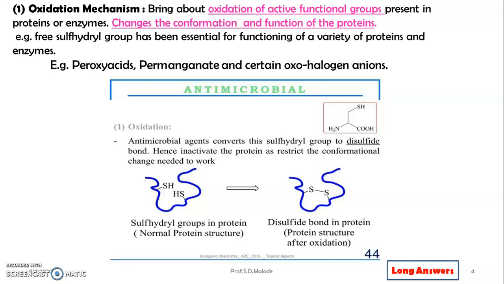So these antimicrobial agents convert the sulfhydryl groups from the free form to the disulfide bond after oxidation, and hence inactivate the proteins as they restrict the conformational changes which are needed to work. In this way, these antimicrobial agents by oxidation can cause conformational changes, and the proteins which are required for normal growth and functioning are not available for the microbes, and they get killed.